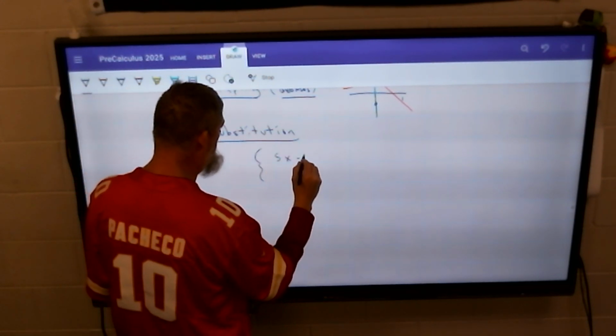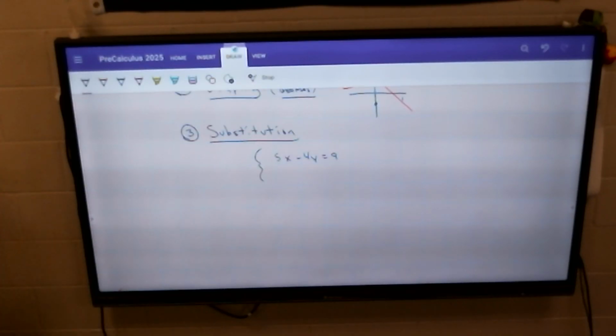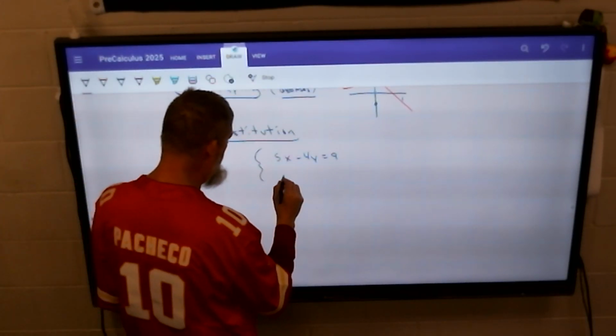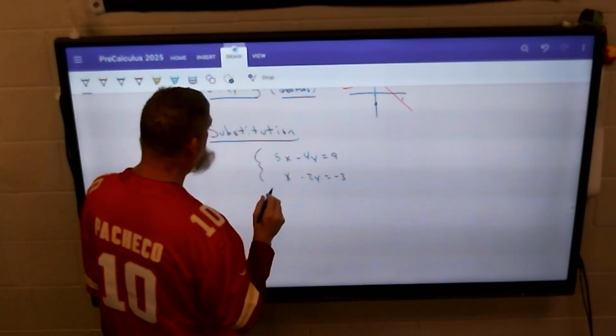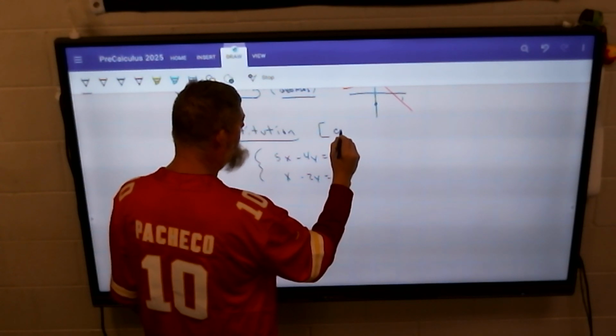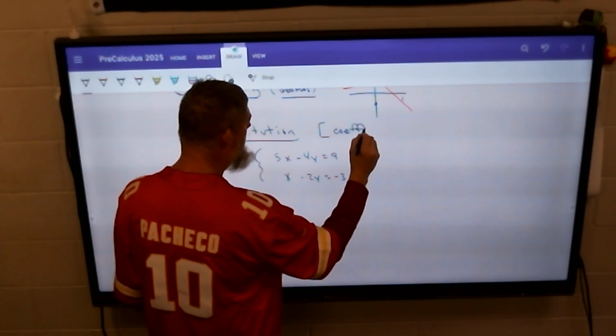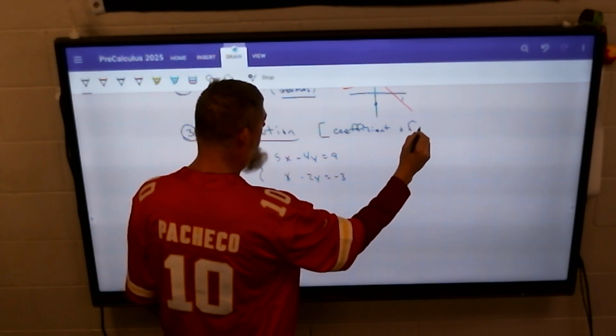5x minus 4y equals 9. And the bottom one, x minus 2y equals negative 3. So with substitution, what you're looking for is a coefficient of 1.